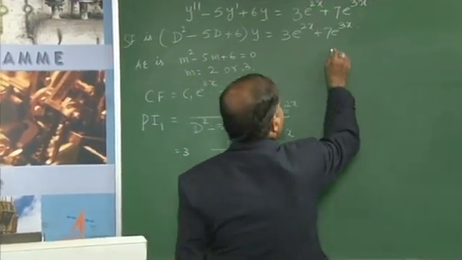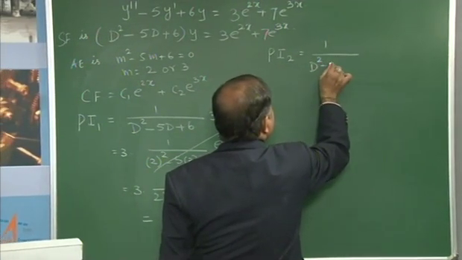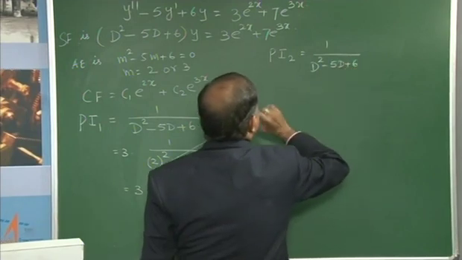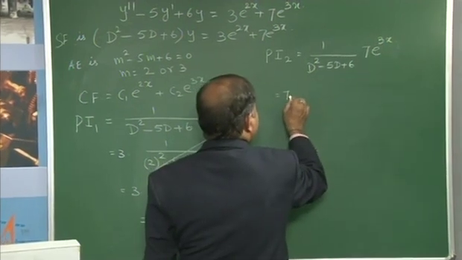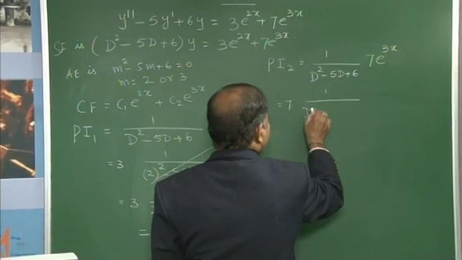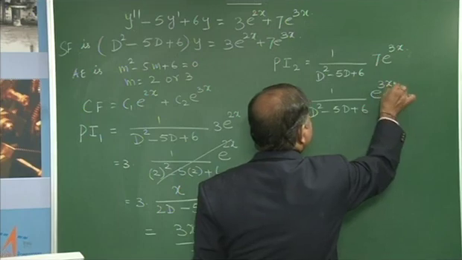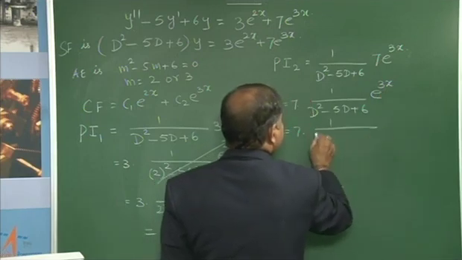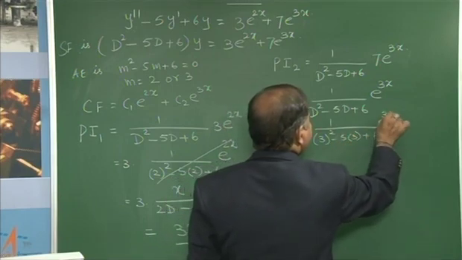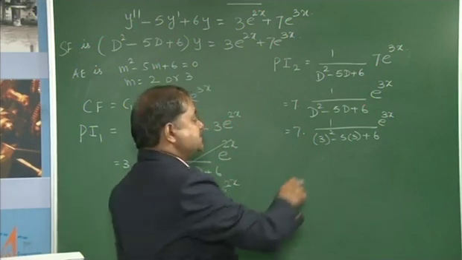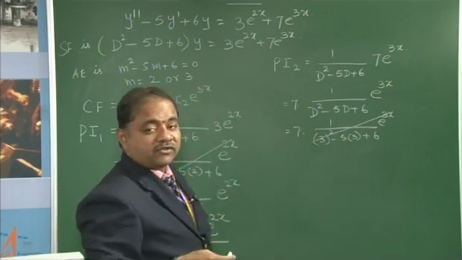Second factor, same way, particular integral 2: 1 by d square minus 5d plus 6 on 7 e power 3x. 7 aside, d square minus 5d plus 6 e power 3x. Substitute it: 3 square minus 5 into 3 plus 6. Now also I can see this is 9 plus 6, 15, minus 15, so the denominator is becoming 0.